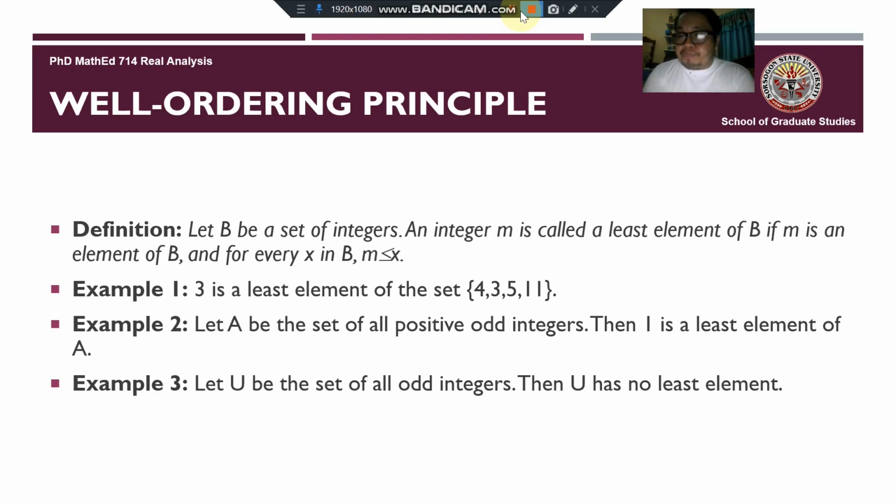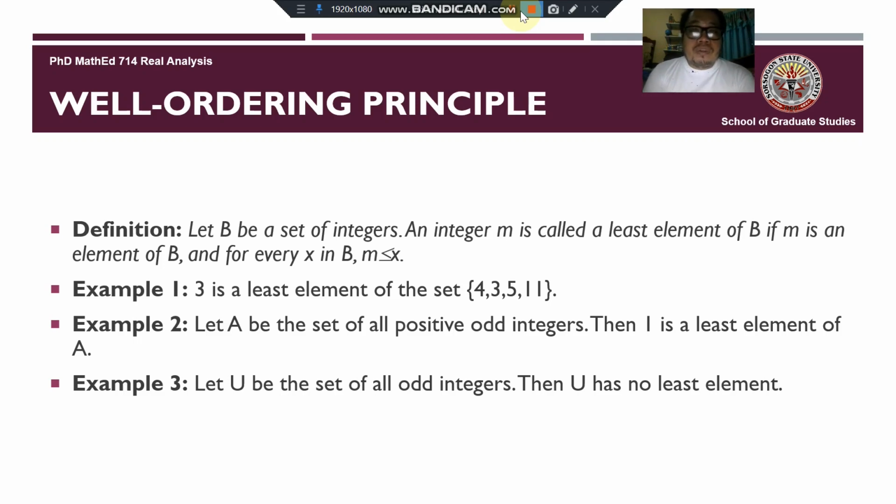For number 2, we have let A be the set of all positive odd integers, then 1 is a least element of A. Aside from being a positive integer, it should be an odd integer.